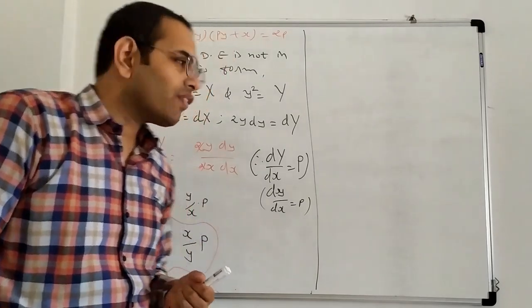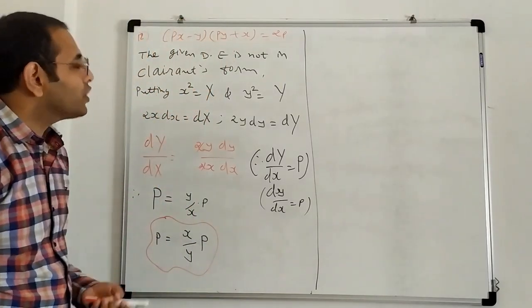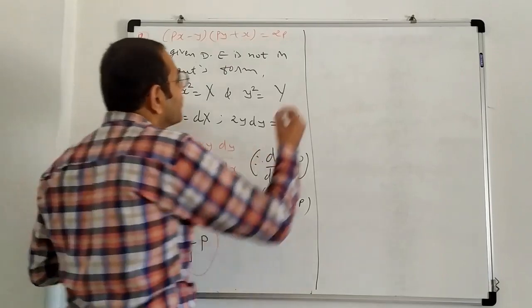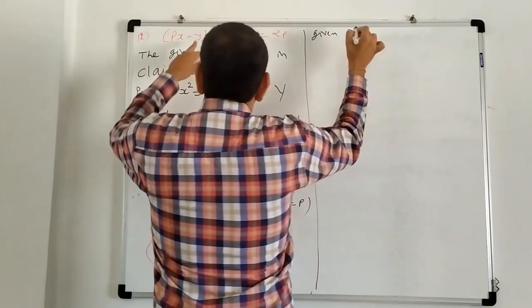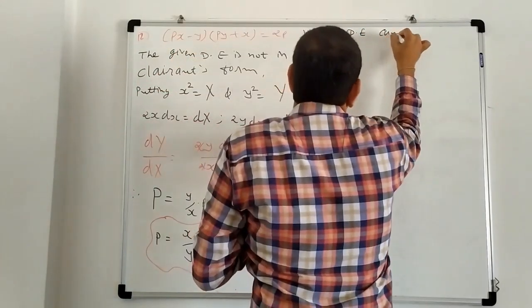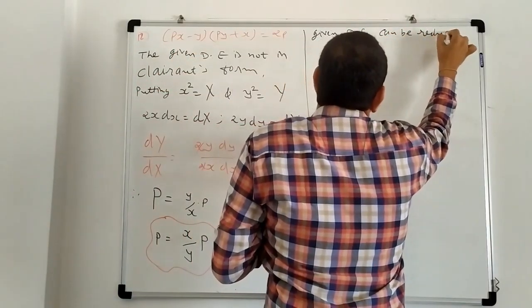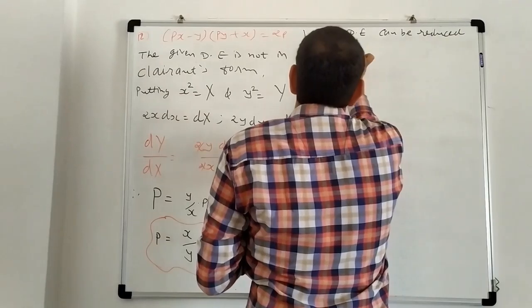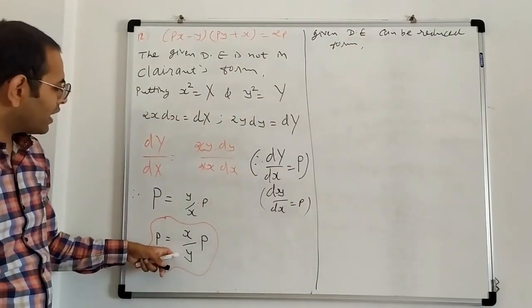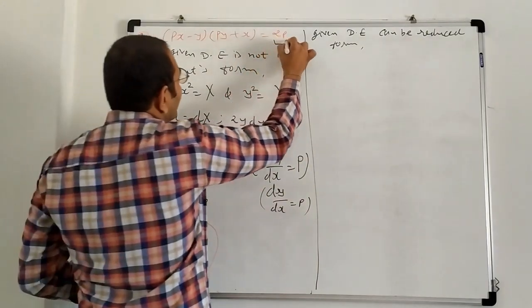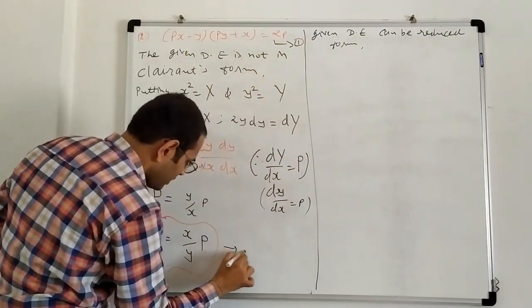The given differential equation can be reduced, means substitute the values of p in the given differential equation.